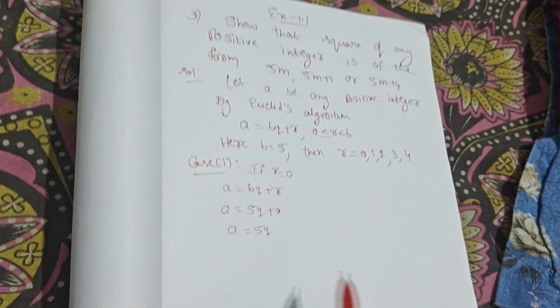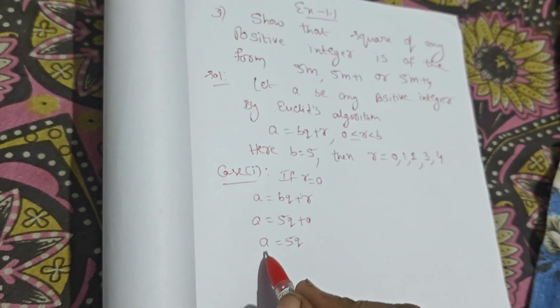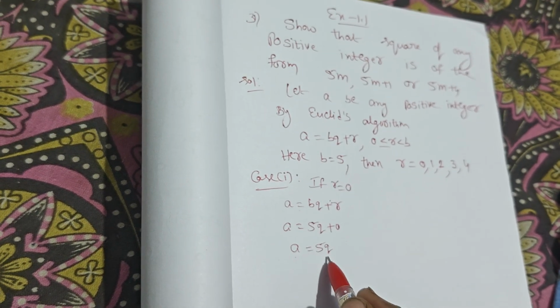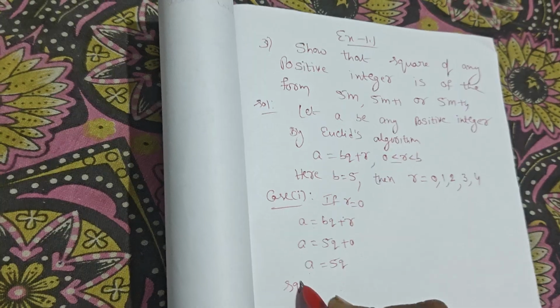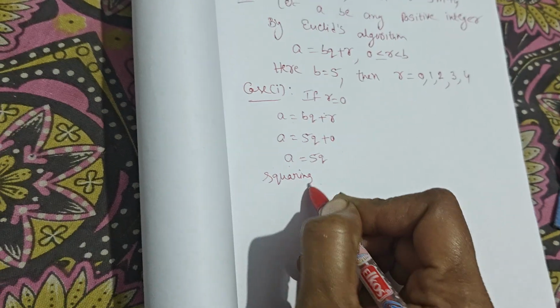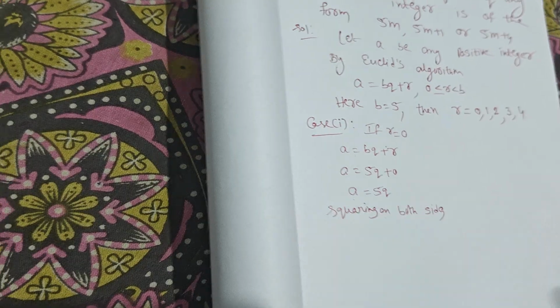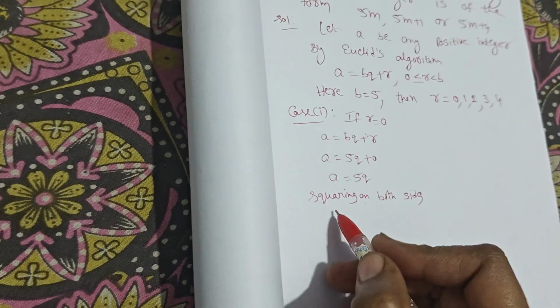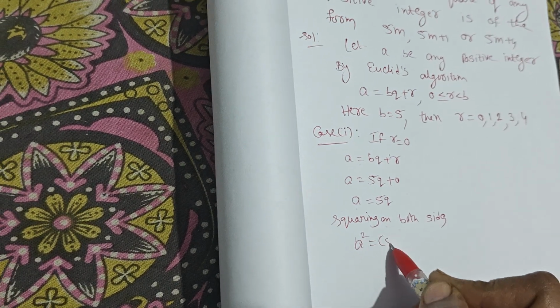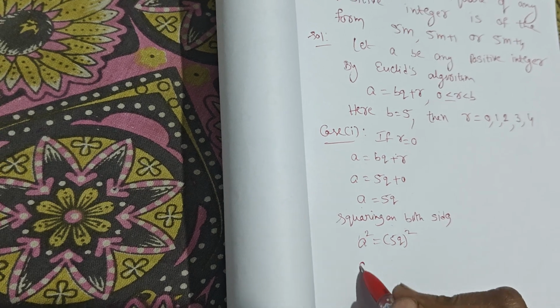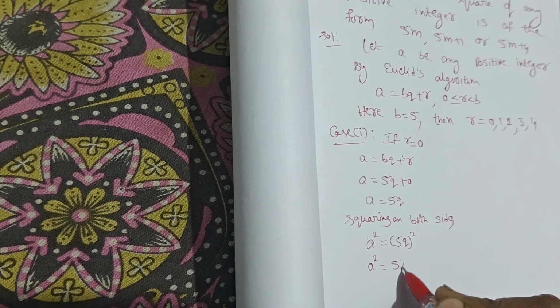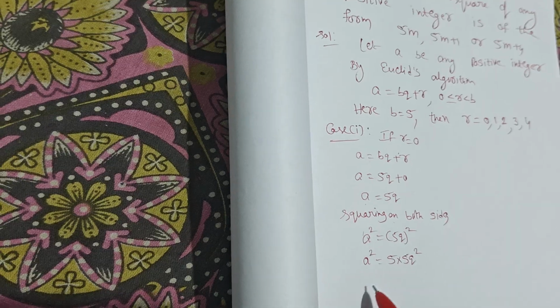So, I want a square because it is the square of any positive integer. Squaring on both sides. So, a square equal to (5q) whole square, a square equal to 5 into 5q square.